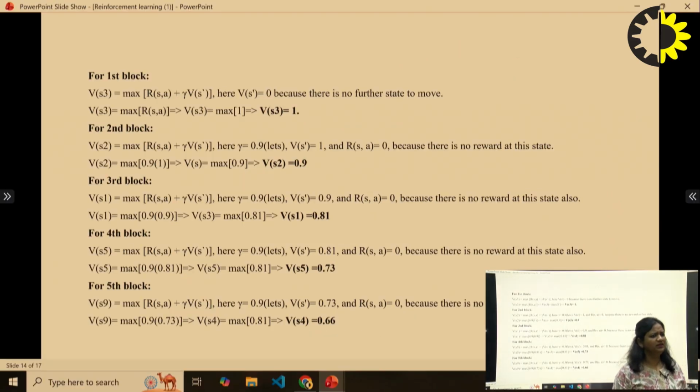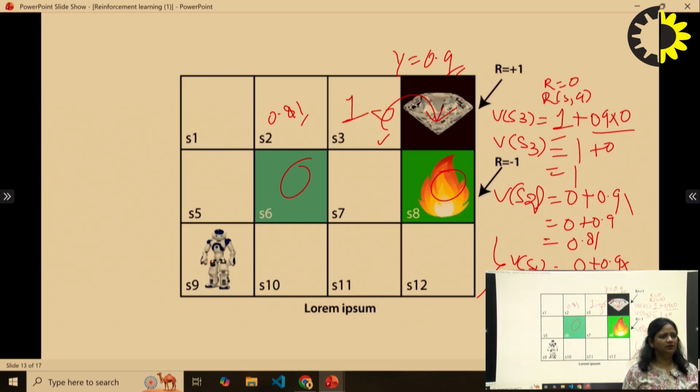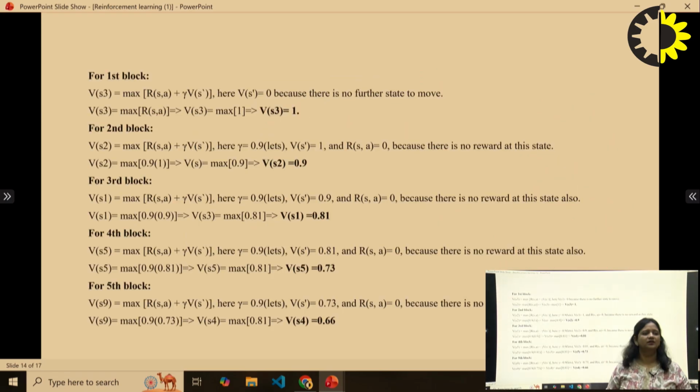Now similarly, we have to calculate the value for the S3 block, S2 block, S1, S5, S9, S10, S11, S12. Using the previous value, we have to follow the path S3, S2, S1, S5, S9, S10, S11, S12. Then we are left with the value of S1.